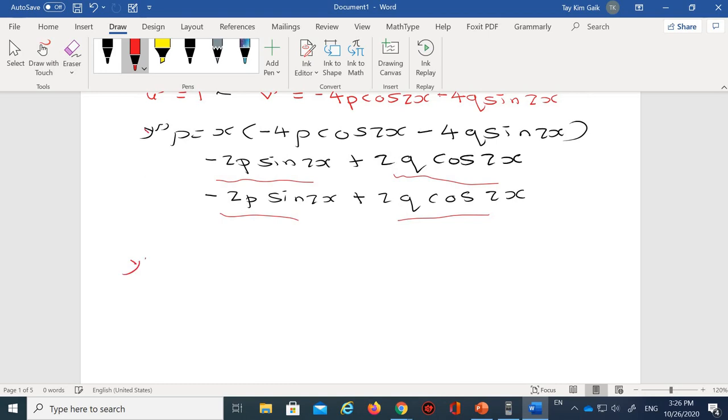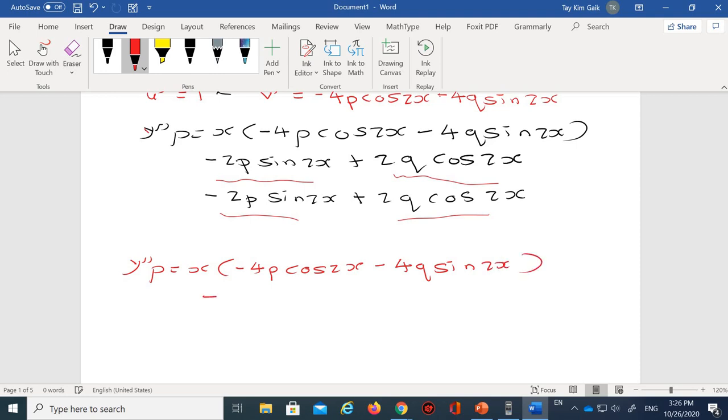So your y double prime p is actually x times negative 4p cos 2x minus 4q sin 2x.